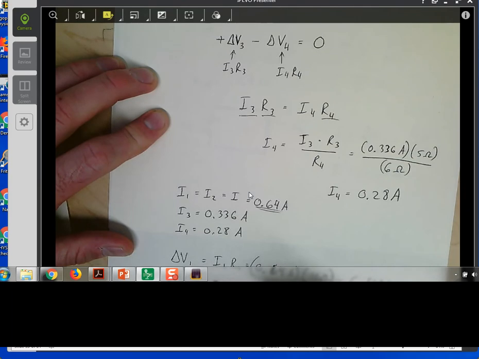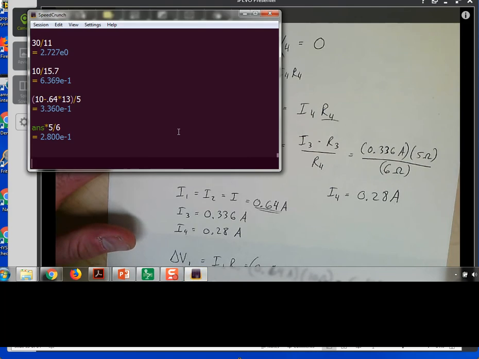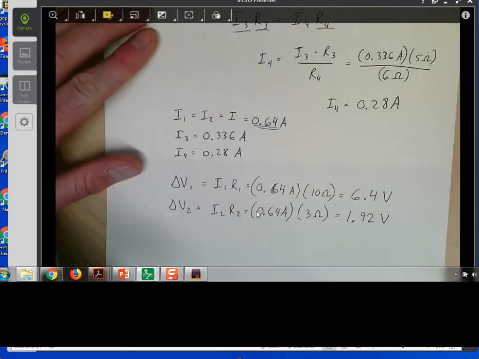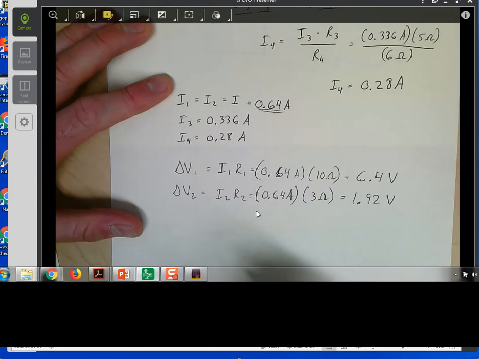That is going to be also 0.64 amps times the resistance value, which is 3 ohms. Looks like I'll need a calculator. 0.64 multiplied by 3, 1.92. Okay, sorry, I had slid it off the screen there for a moment.